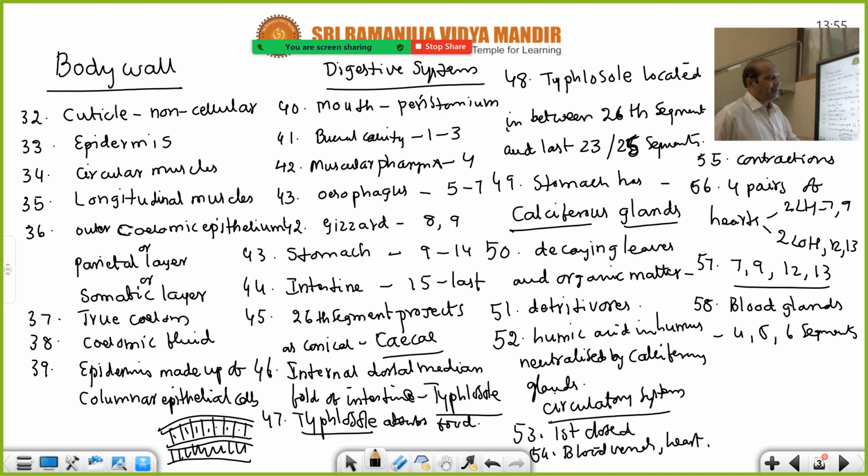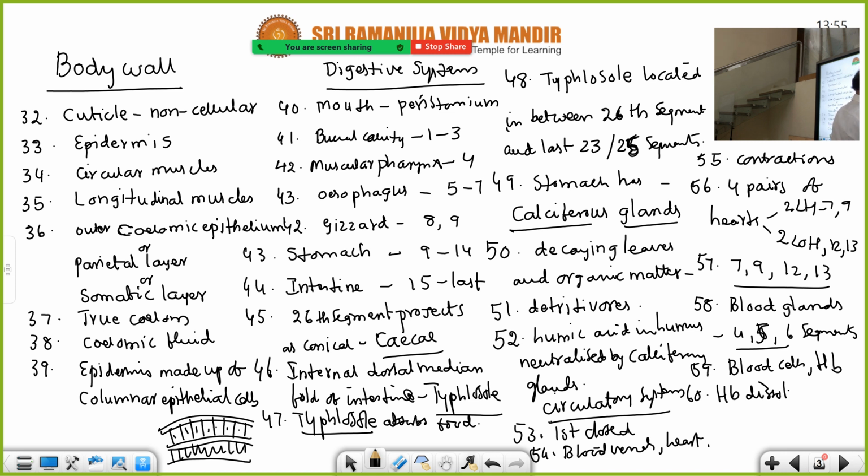Hello? Okay. When you are silent, I doubt. That is why. Okay. 4th, 5th, 6th segments. These blood glands secrete blood cells and hemoglobin. Blood cells and HB. Hemoglobin characteristic is HB dissolved in plasma. This is important.